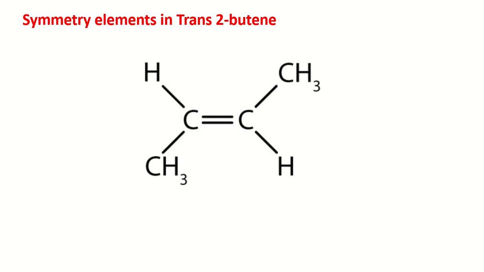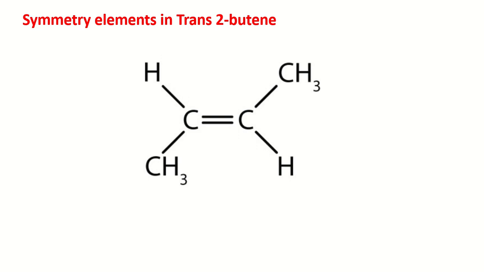If the results are indistinguishable, then it means this symmetry element is present in this molecule. So here is the C2 from this axis of rotation. We can rotate this molecule clockwise or anti-clockwise, the result would be the same.